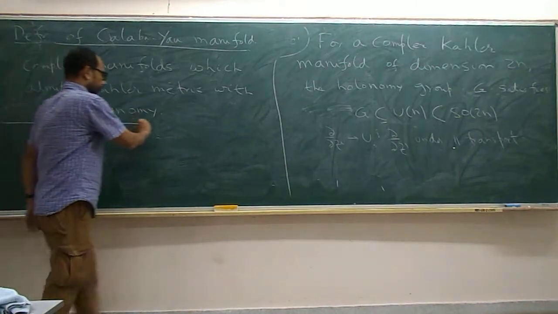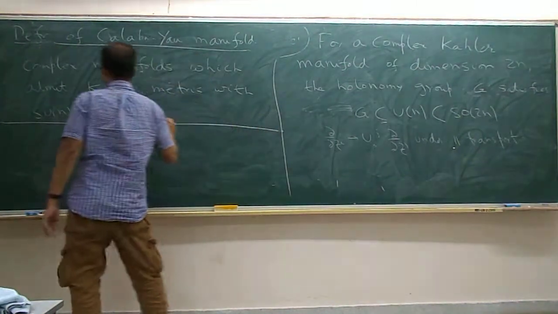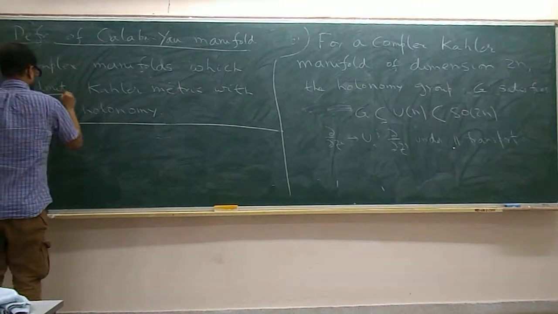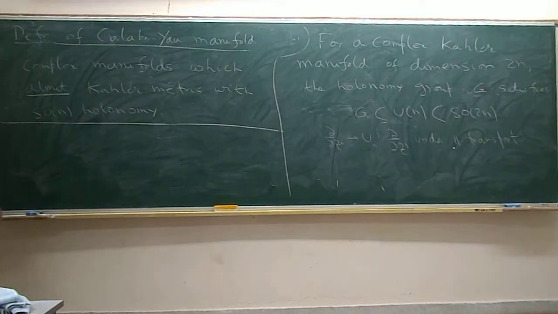So the difference with the sphere is that the sphere can also have a scalar metric, but the holonomy is U(1). If you have a two-dimensional sphere, then the holonomy in this case is U(1) or SO(2).